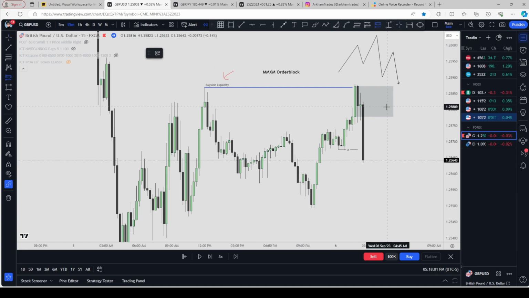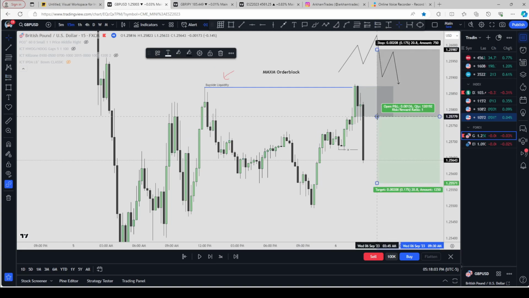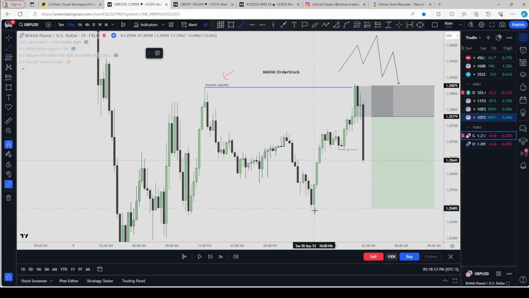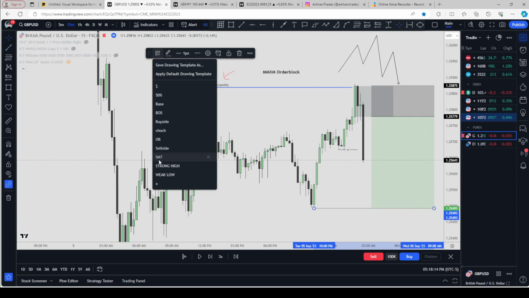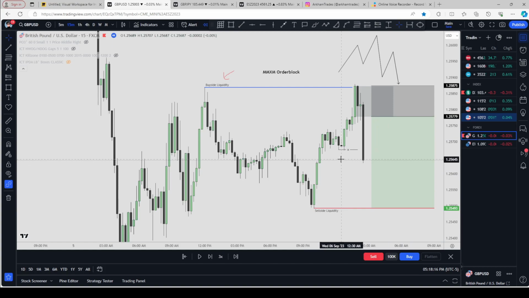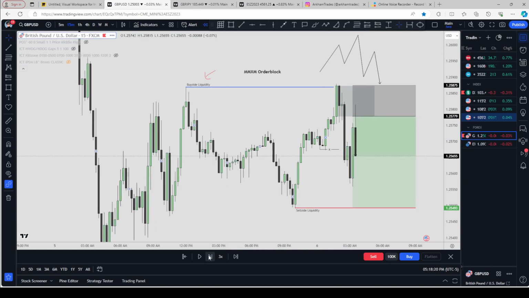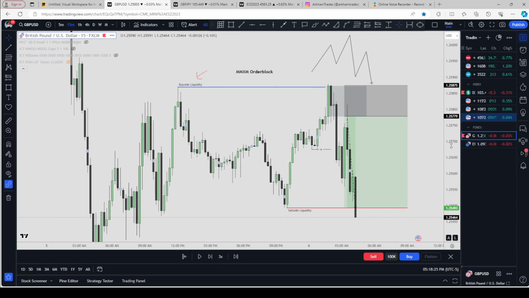So we could do something like this where we have our limit order at the opening, and we can target these lows for 1 to 3R. Price comes in, taps into our limit order, and the rest is history.